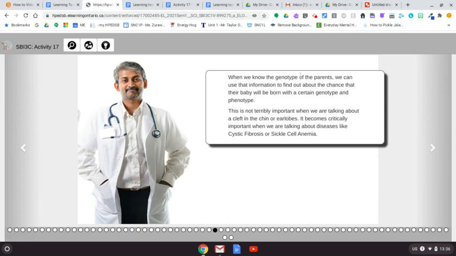When we know the genotype of a parent, so that's the little r, the big R, little r, we can use that information to find out the chances that the baby's going to have a certain genotype and phenotype. So if you knew that Miss Allison, who has blue eyes, so little b, has a baby with another person who has blue eyes, little b, we could predict what we're going to see.